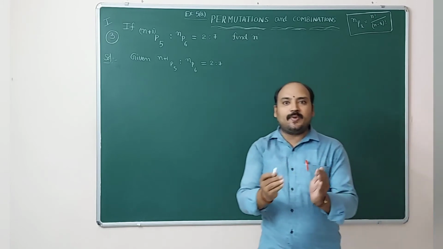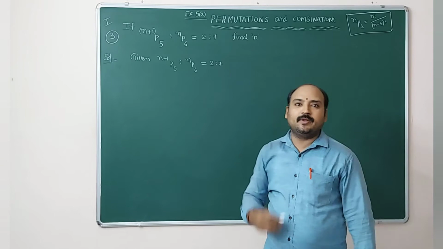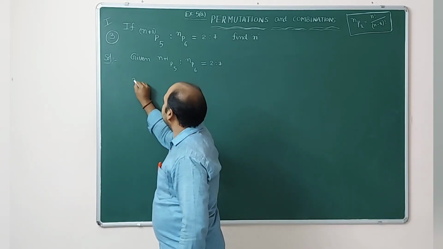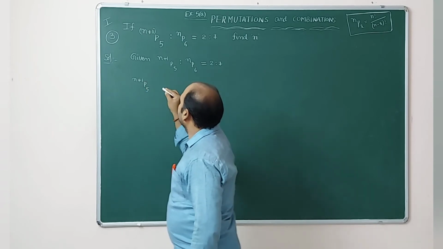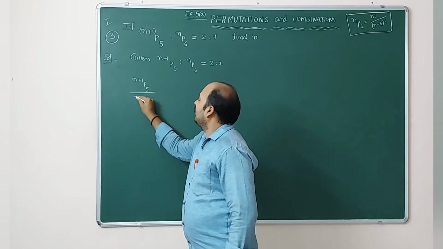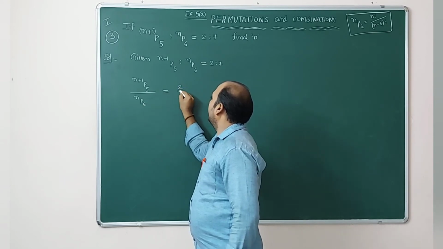So, A is to B equal to C is to D, so A by B equal to C by D. So, we can write it as (n+1)P5 divided by nP6 is equal to 2 by 7.